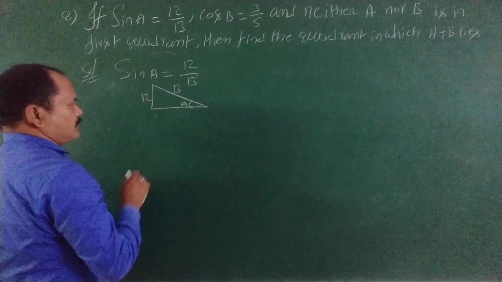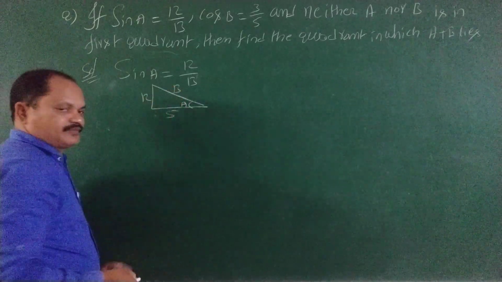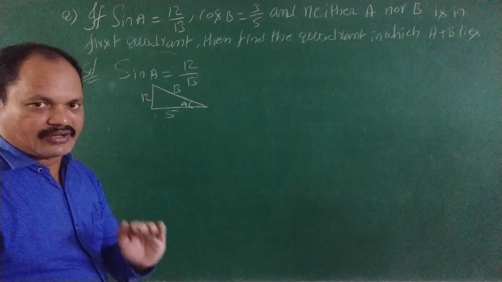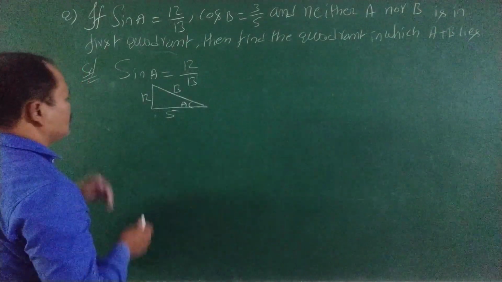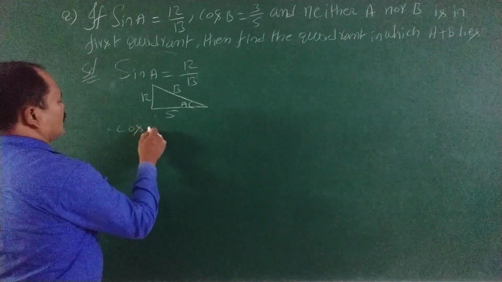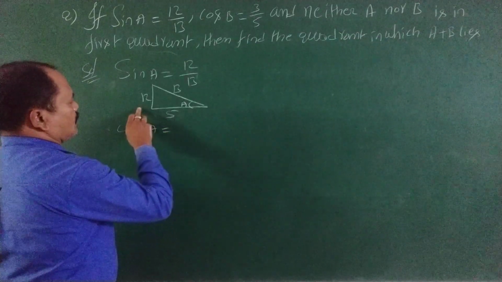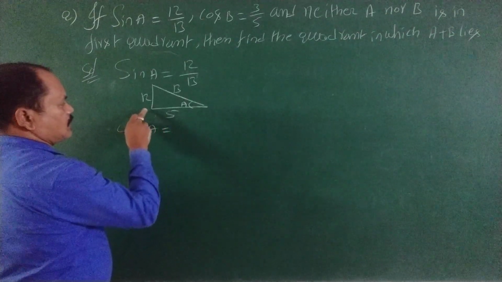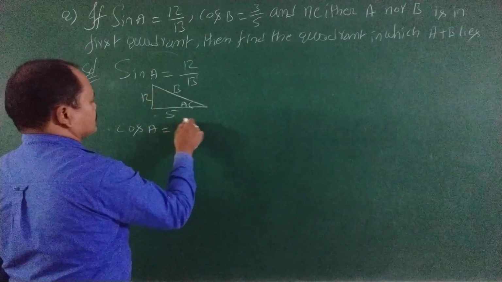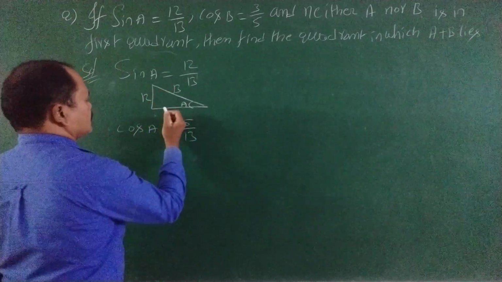What about the remaining side? This is 5, according to the triplets 5, 12, 13. Now we have to identify cos A from this. Cos A is adjacent side by hypotenuse, that is 5/13.